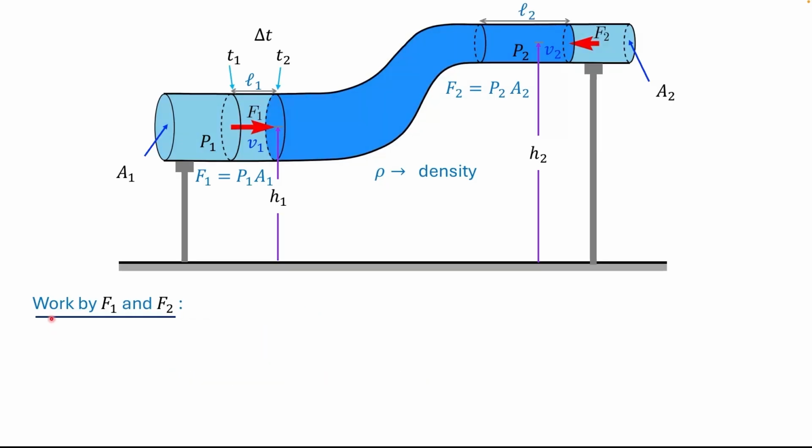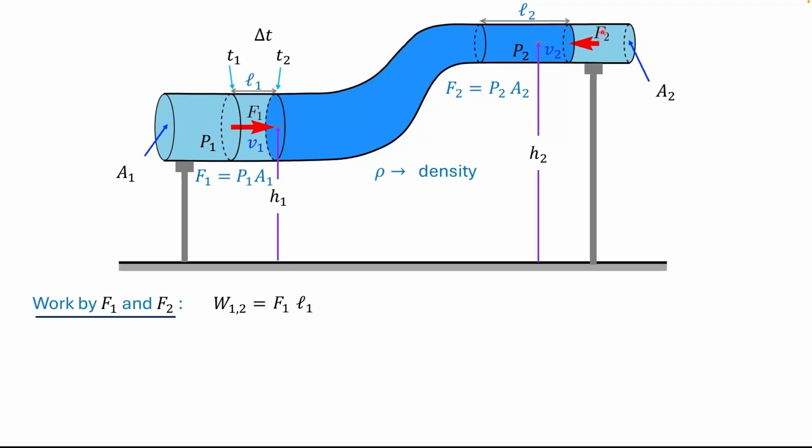Let us find the work by the forces F1 and F2. In the time interval delta t, the force F1 displaces the object from here to here with a displacement of L1. The force and the displacement are in the same direction. So the work by F1 is F1 times the displacement, L1.